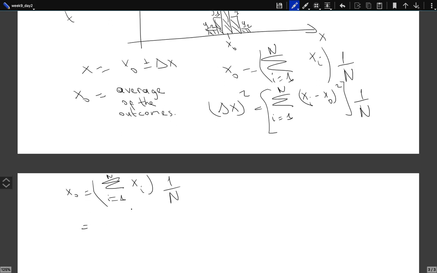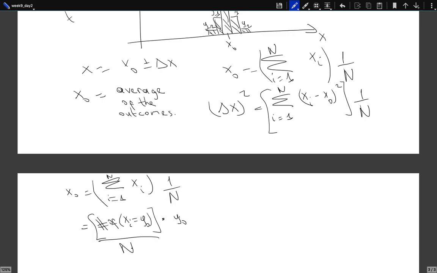I can rewrite this as the number of xi equal to y0, multiplied with y0, divided by n.